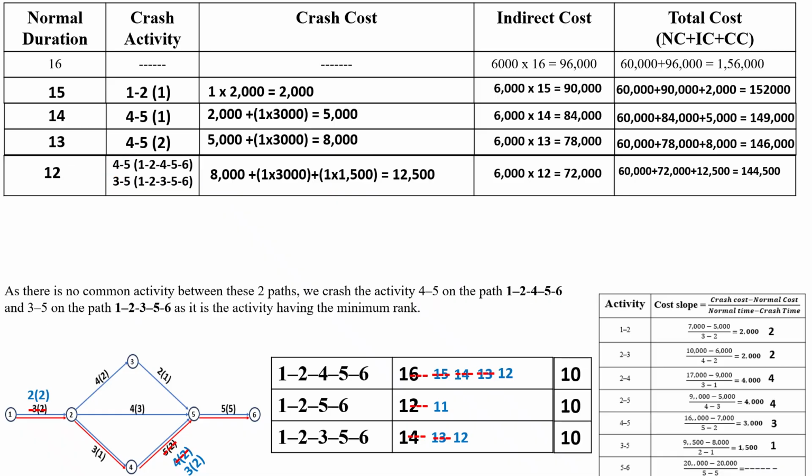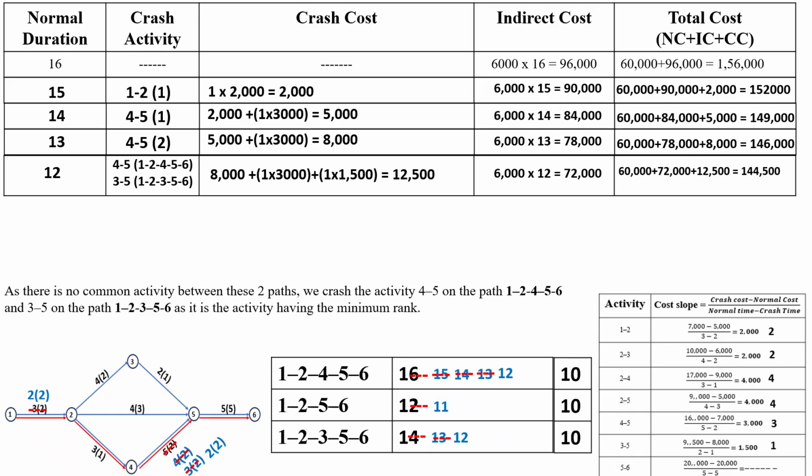Now the duration of path 1, 2, 4, 5, 6 is reduced from 13 days to 12 days. Similarly, path 1, 2, 3, 5, 6 duration becomes 13 to 12 days. We have to represent the same on the network diagram also.